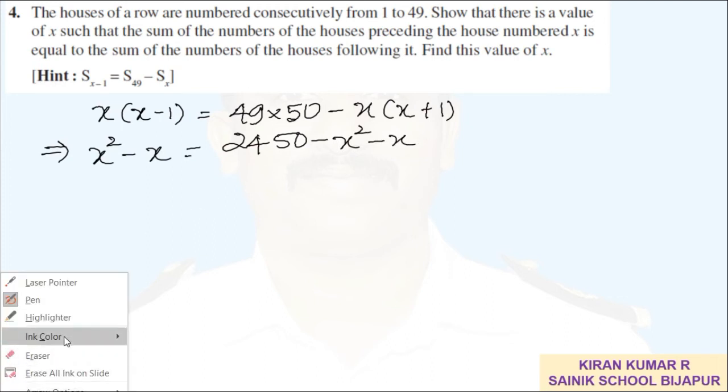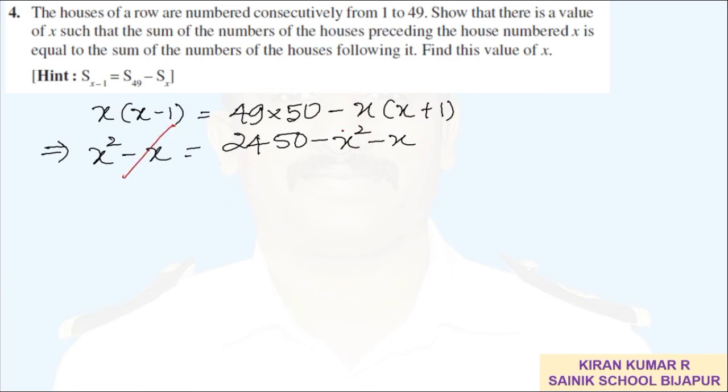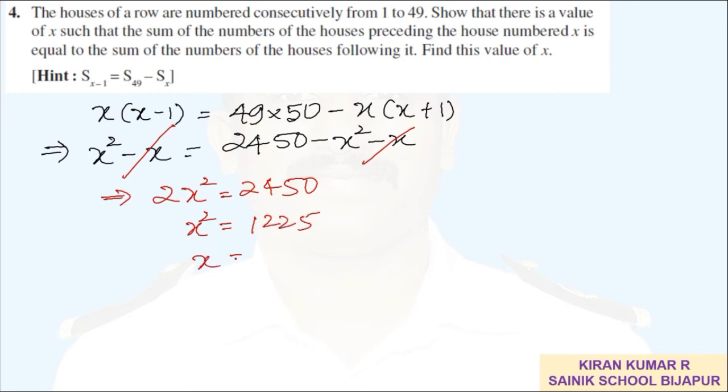On both the side we have got negative x. I can cancel this out. So 2 times of x square will be equal to 2450. So x square will be equal to 1225. The value of x is 35. So the value of x is found.